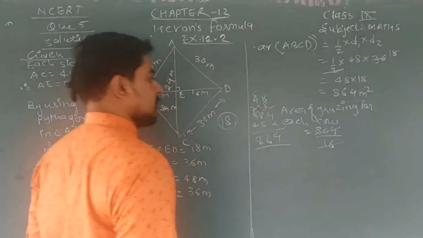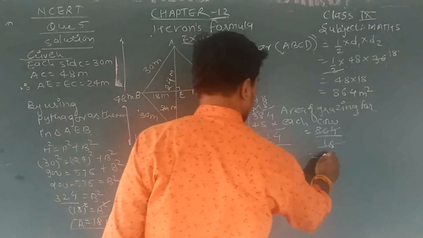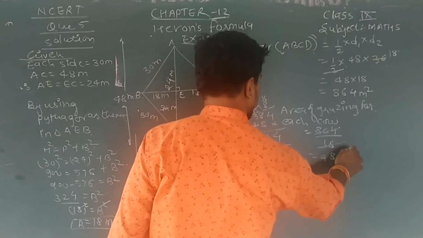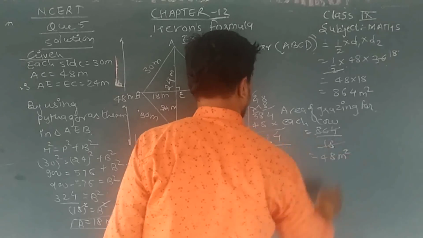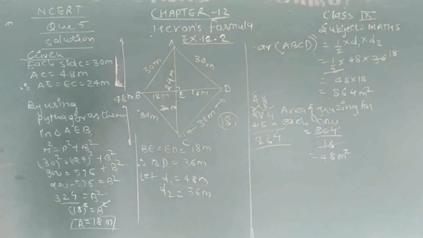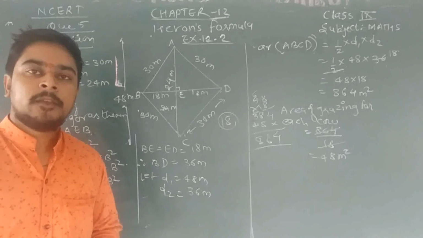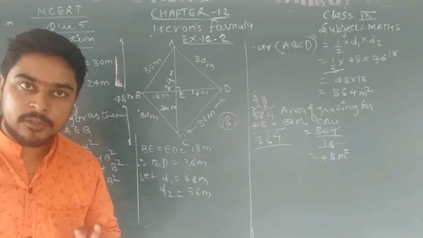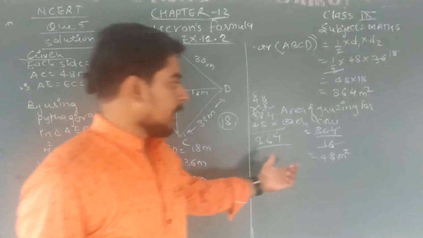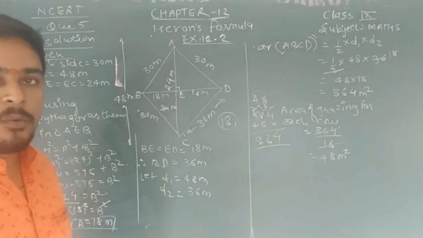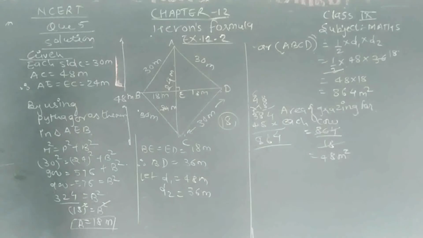If we divide 864 by 18, we get 48 meter square, and it is the required area for one cow for grazing. The area for one cow is 48 meter square. This question is finished now.